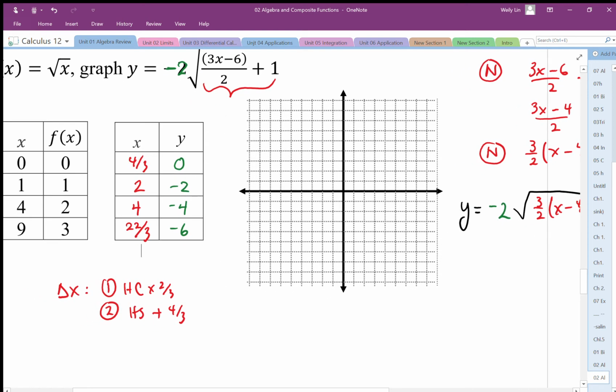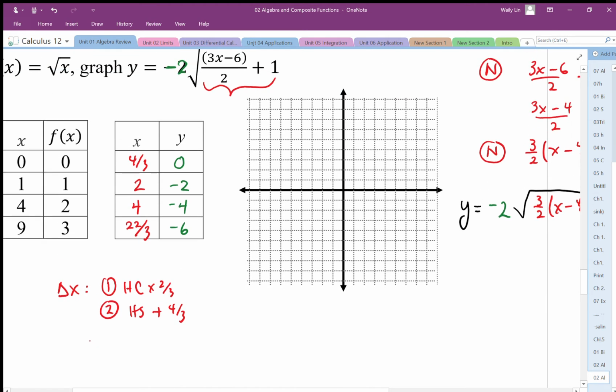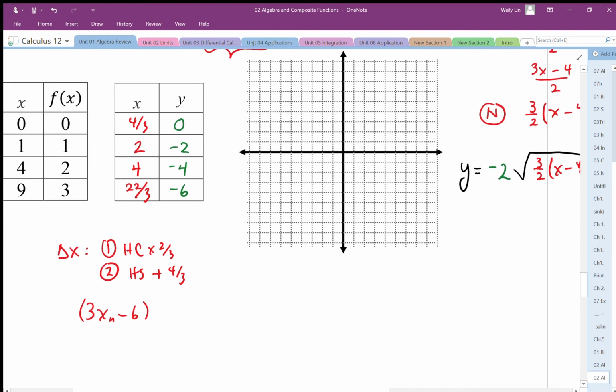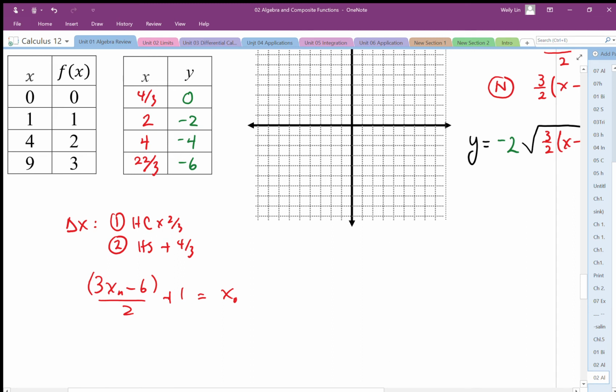So if I were to actually do the change, it would look like this. So 3x, this is actually my new x, and this notation actually gets me back to my old x. Okay, this is the order in which this happens through the function flowchart. It's actually going backwards through the function flowchart, so I actually need to solve for the other x. So I'm going to do this in steps.